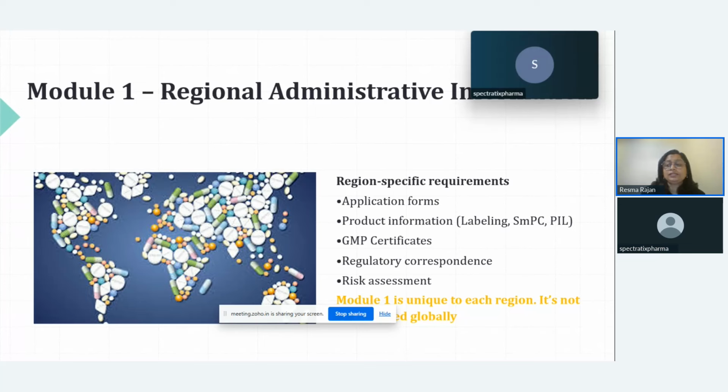At each stage, what could be the potential risks, and what mitigation strategies do we have in place so that we avoid the risk and produce a successful product with the purity, quality, and efficacy as we claim. All this will be in the risk assessment document. So in module 1, we will include all these documents as per the requirements of each country. That is about module 1.